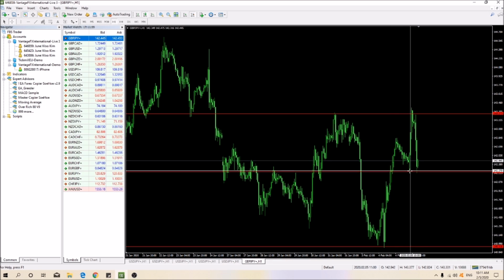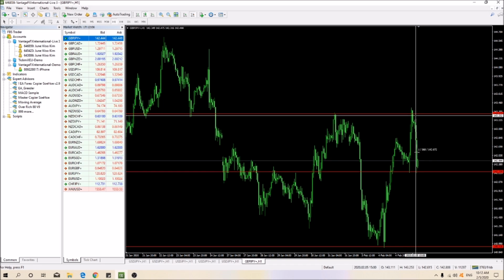So we can see here that it touched off the support line and went back up to the next resistance, and then it just went back down.